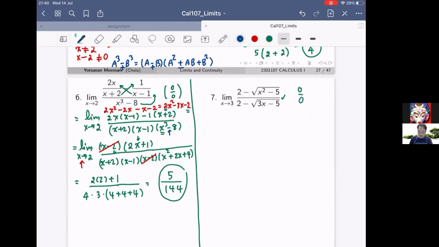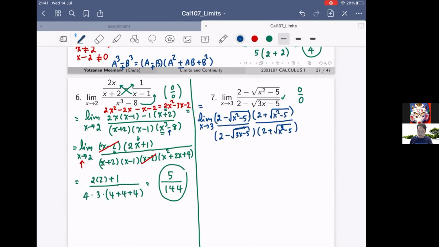I'm not so sure whether we have enough space or not. The first one, you multiply by a plus, right? And then this one, you also multiply by the same thing, right?